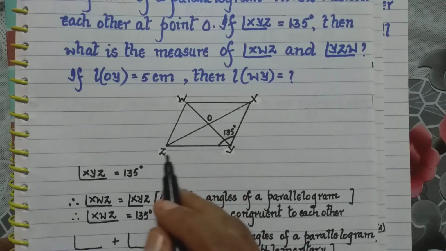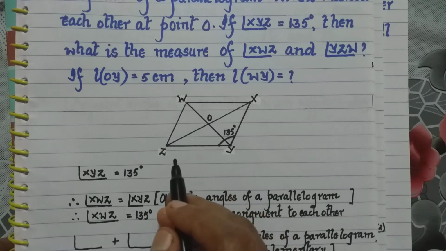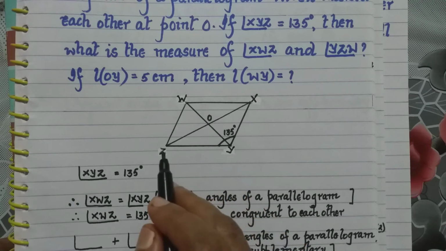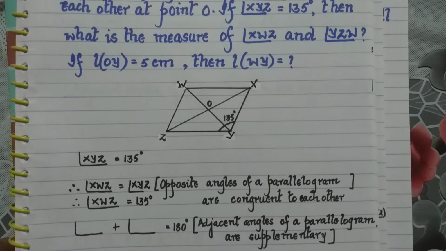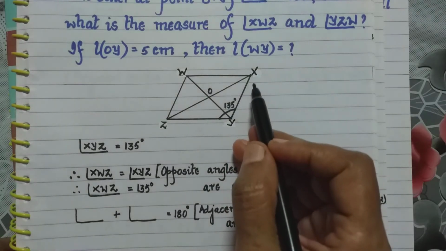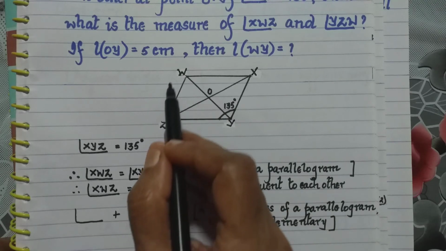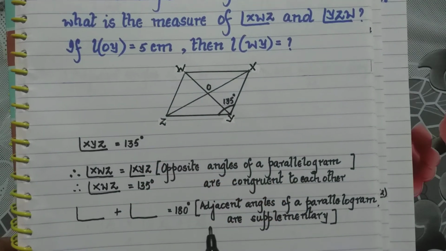And we also know the property of adjacent angles of a parallelogram, that they are supplementary. That is, the sum of the measures of the angles is 180 degrees. So we can write angle XYZ plus angle YZW is equal to 180 degrees.